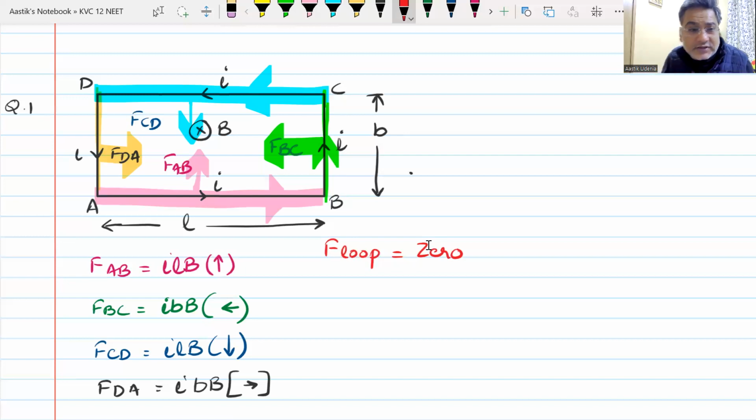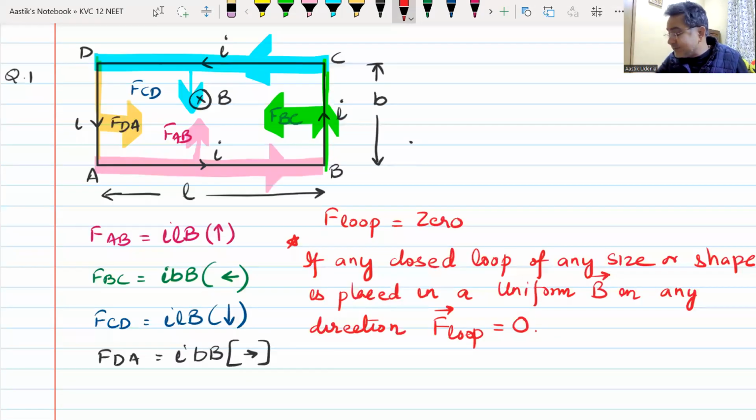No matter what is the size, no matter what is the shape, the magnetic force acting on the loop would be zero. Do we understand this?